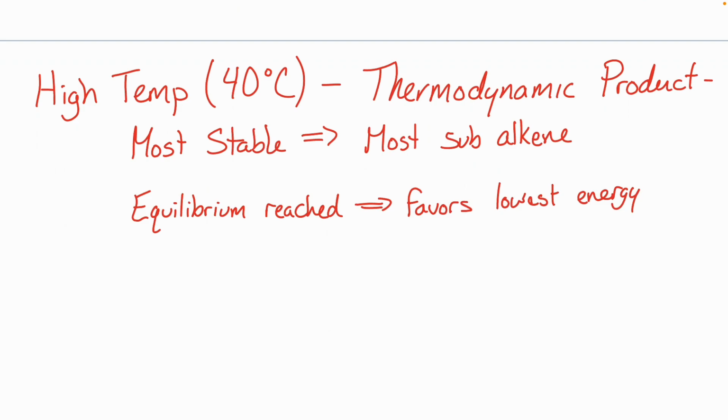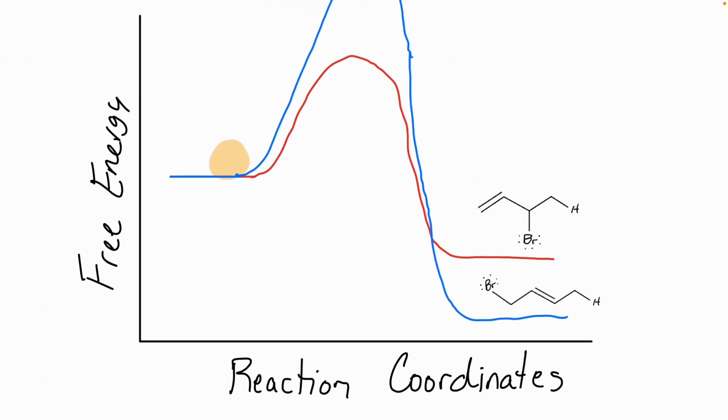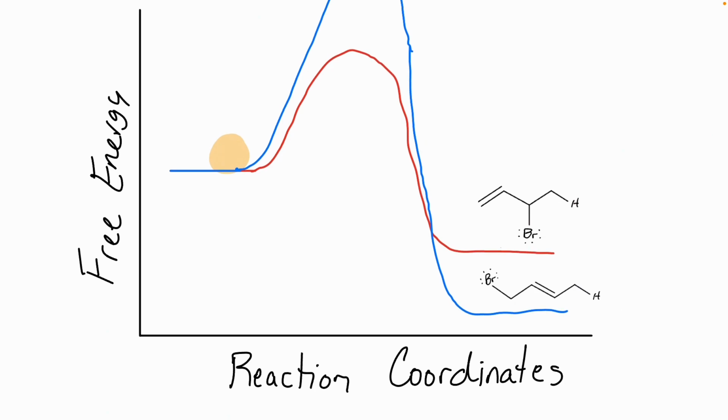Now, in this particular case, we were able to look at our two structures and say, yes, that 1,4 adduct is the more stable alkene. That's not going to be the case for every possible diene that we can pick. So we can't just default to saying low temperature 1,2, high temperature 1,4. It's not that easy. When we get to high temperatures, we got to look at our two possible products and establish which one is more stable.